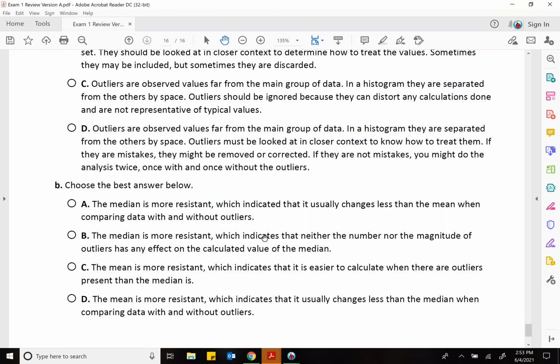Yeah, I remember on the homework I put B first, and then it was A. But I also think B makes sense. The median is the resistant one, and it's because of those outliers. This should be a true case because your median is technically where the peak of your skewed data is.